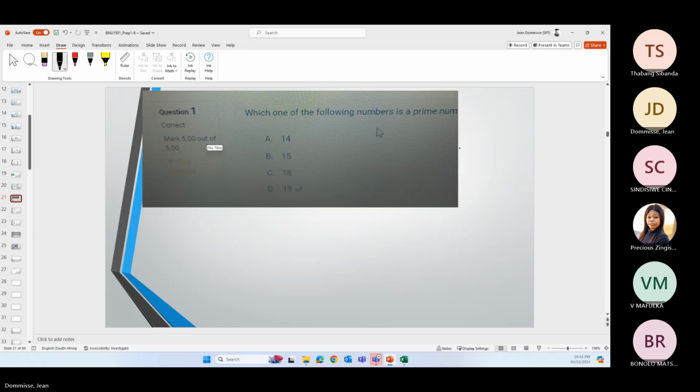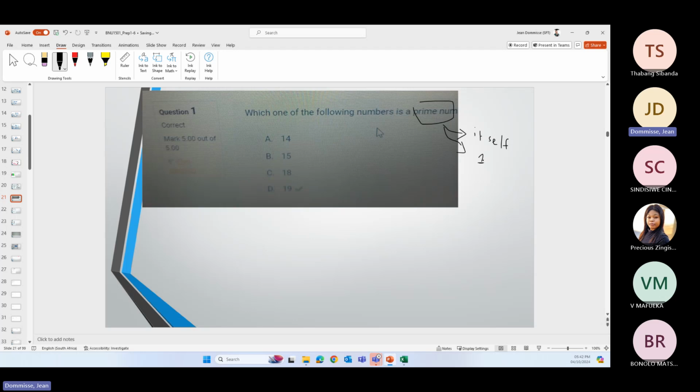Okay, so which one of the following numbers is a prime number? Remember, a prime number is a number that can only be divided by itself and 1.